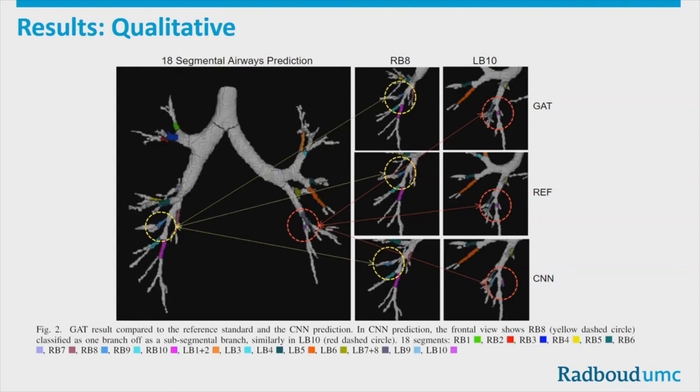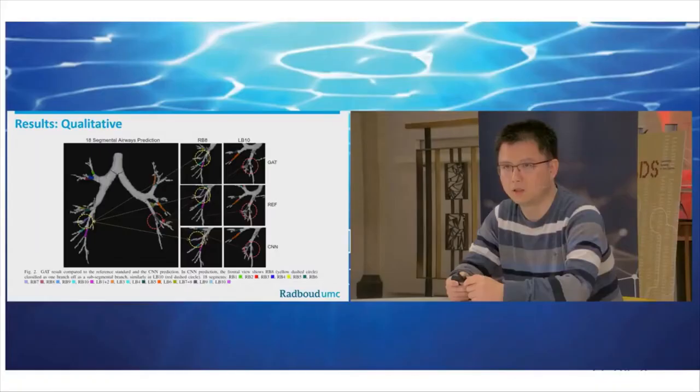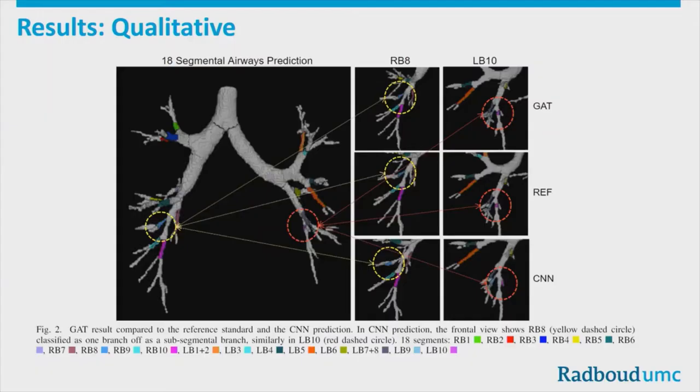In this case, we see that for RB10, the convolutional network labeled some of the children as RB10, but it labeled LB8 and 9 correctly. And the graph attention network fixes the problem, because once you know LB9 and 8, you can infer where RB10 is based on the captured local network structure.